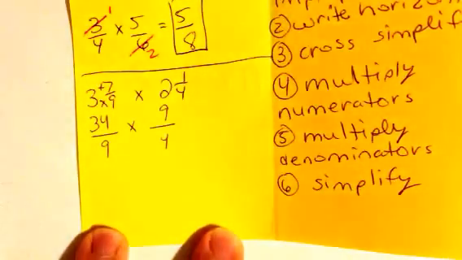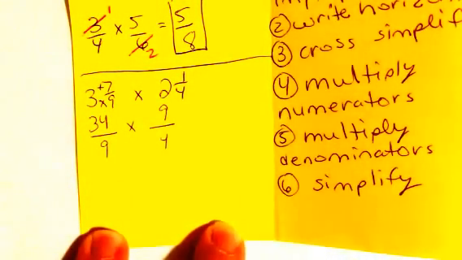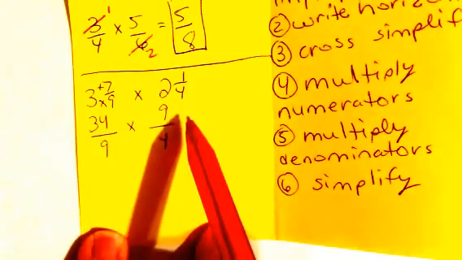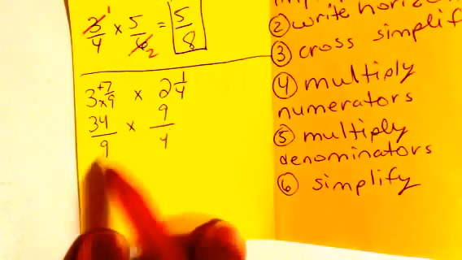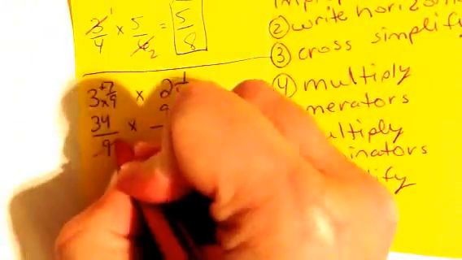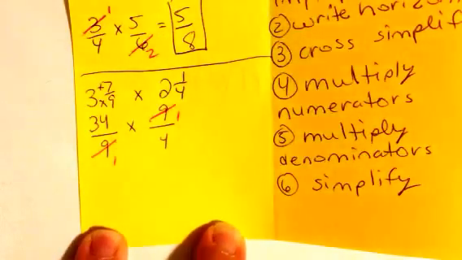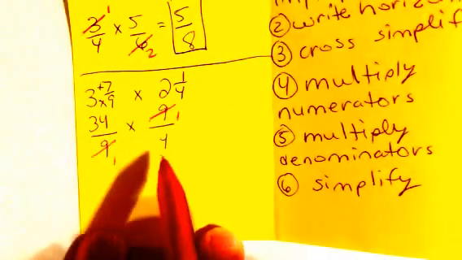All right, now you can see here the cross simplification is going to make this easier for me. I can multiply 34 times 9, but that's going to be sort of a big number. Or I can go ahead and simplify. 9 divided by 9 is 1, and 9 divided by 9 is 1. And I can even cross simplify the 34 and the 4.